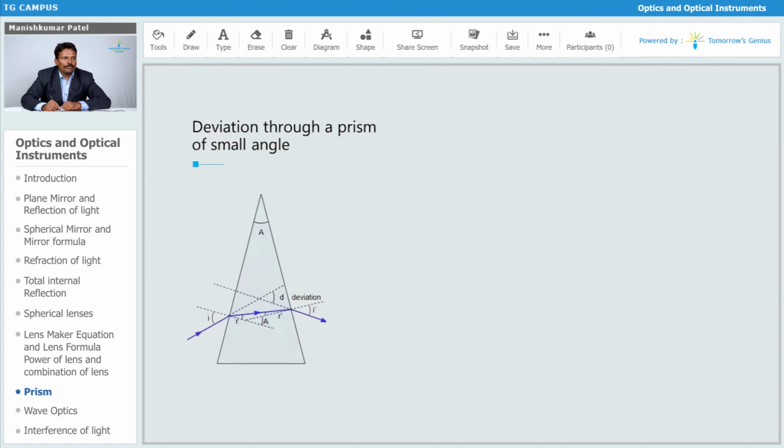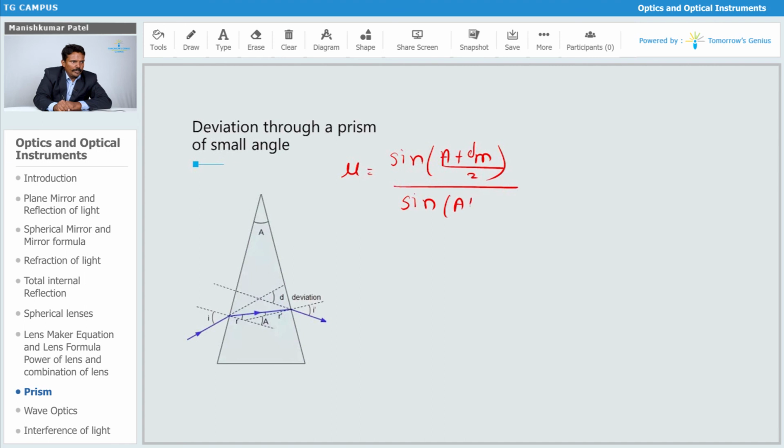Now we have to find the deviation through a prism of a small angle. We have derived the prism formula, mu is equal to sine of (A plus delta M) upon 2, upon sine of A by 2. For a very small angle, we know that sine theta is approximately theta.